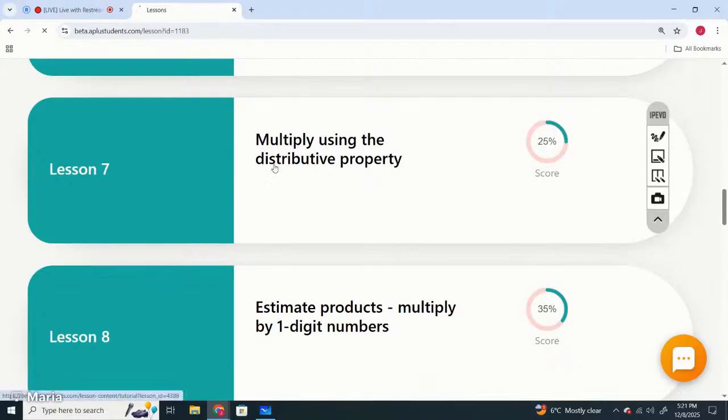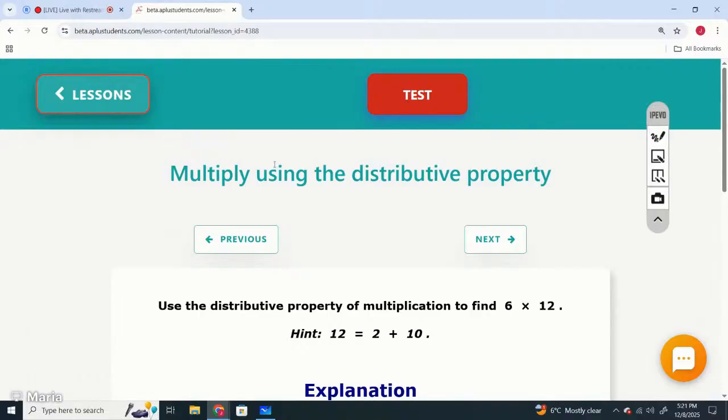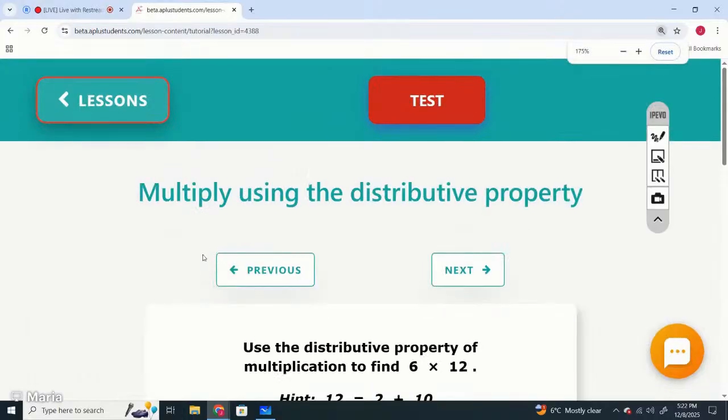Let's just start with the lesson. Use the distributive property of multiplication to find 6 times 12. The hint is we need to write the 12 as 10 plus 2.